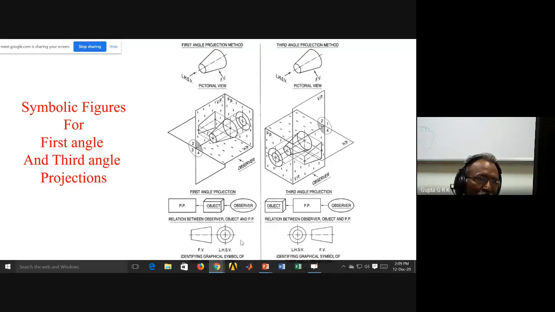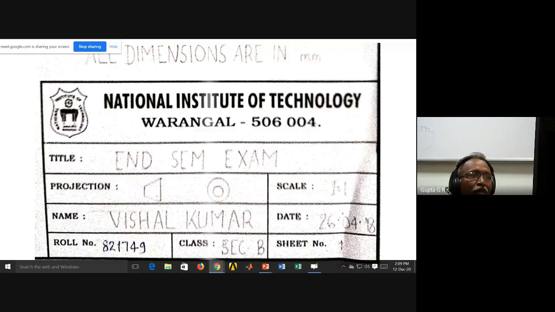And if the front view and top view are drawn, it takes more vertical space. I want to draw it just like here, a simple thing. If I draw in a vertical space, it takes more space. It's not convenient, because it is to be drawn like this on a drawing sheet. Only the front view and side view are drawn.